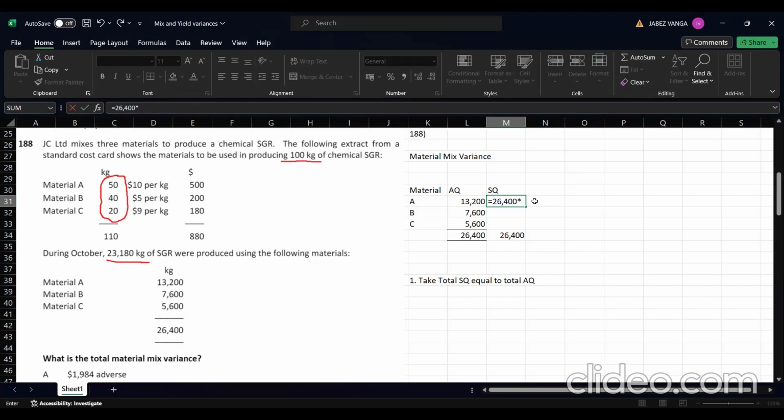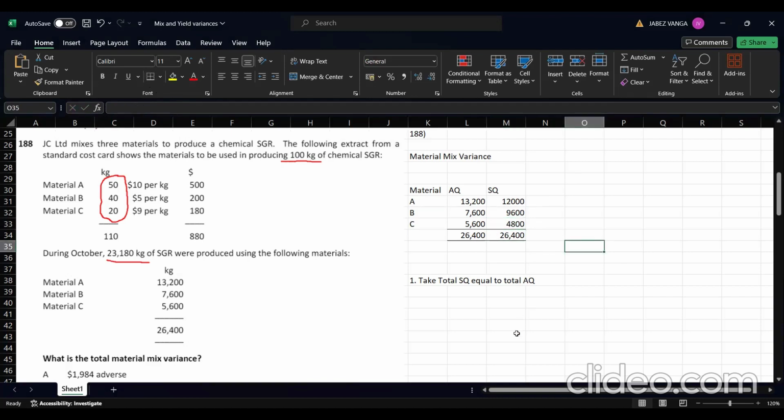Next, is equal to 26,400 into 4 divided by 11. Then is equal to 26,400 into 2 divided by 11. So now that's the total standard quantity.